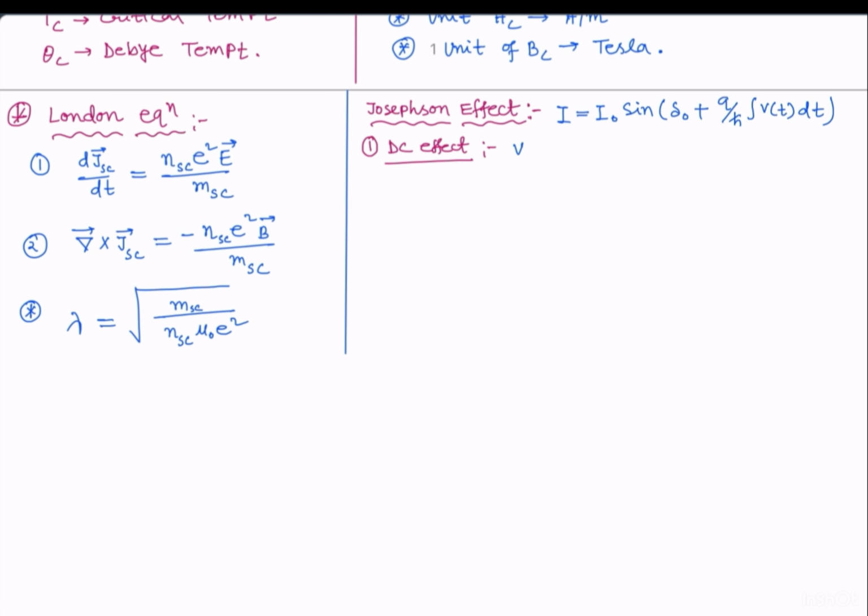Now put V of t equal to 0, then we get I equal to I0 sine delta 0. So if we put no voltage, we get DC current.